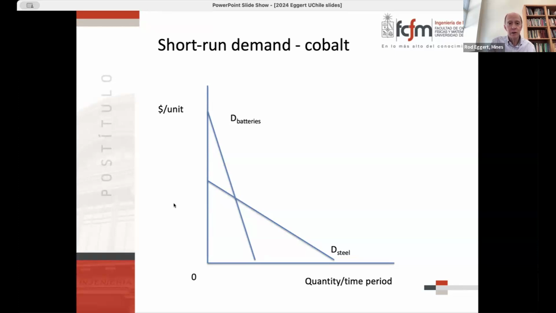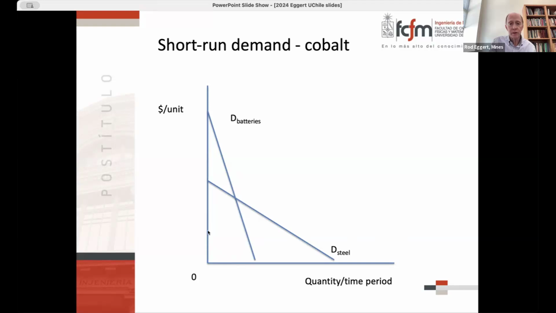Again, use the same logic. At each price, ask how much will be demanded. So at this relatively low price, this quantity will be demanded by battery manufacturers. This quantity will be demanded by steel mills, and the sum of this quantity and that quantity will give us a point out here somewhere on the total demand curve.